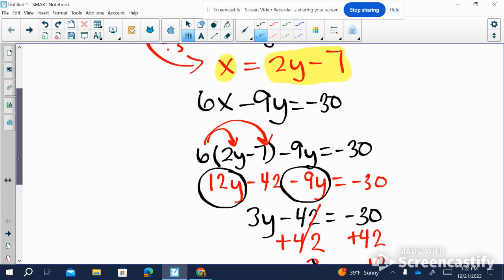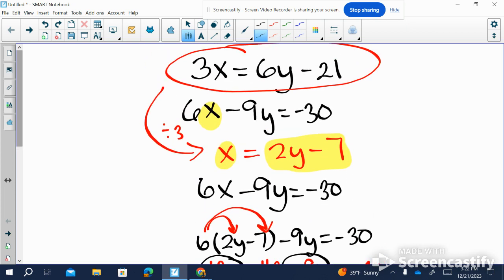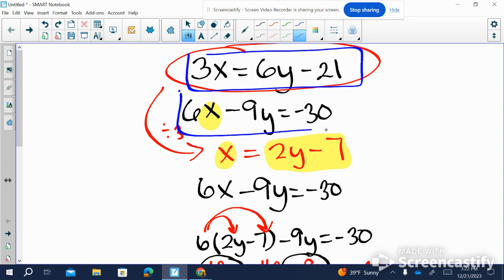Now, if I go back up here to my original linear equations, so that was this one here and this one here, I see that I don't just have a y, I also have an x.